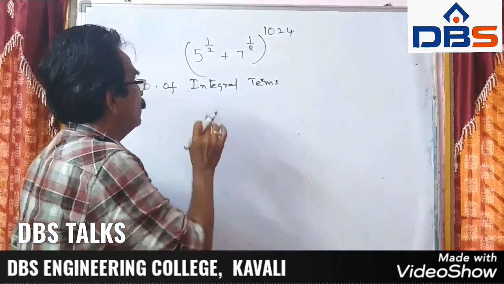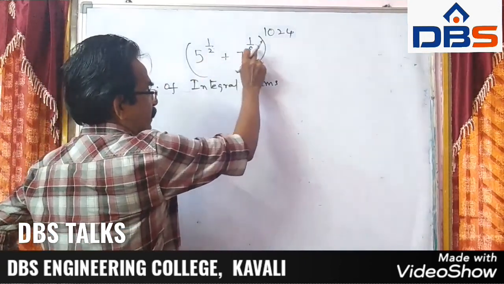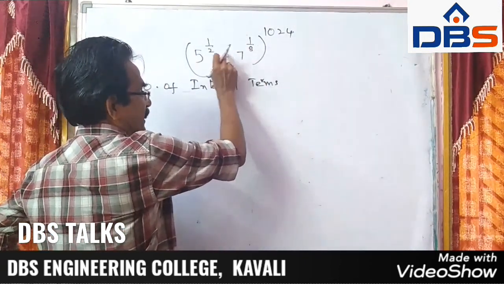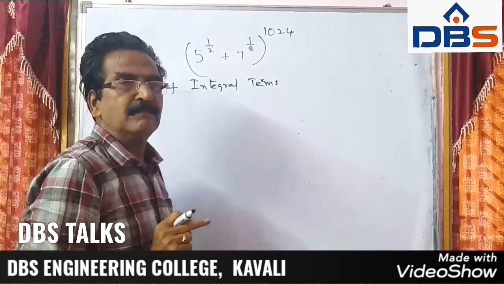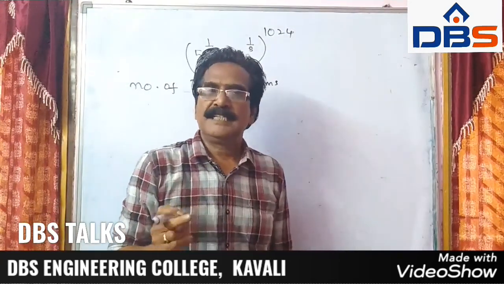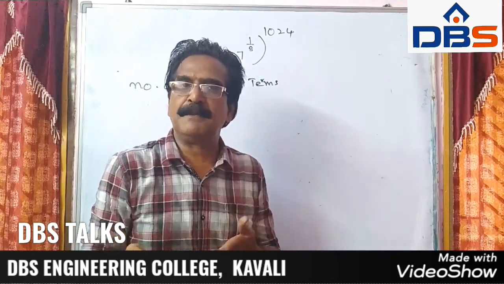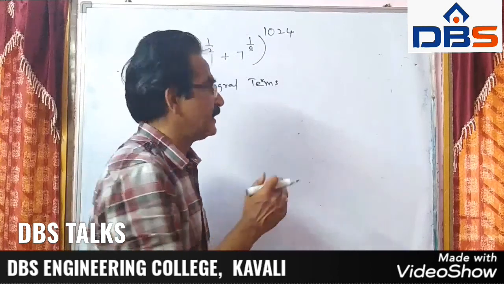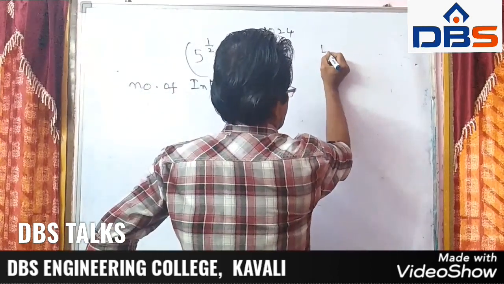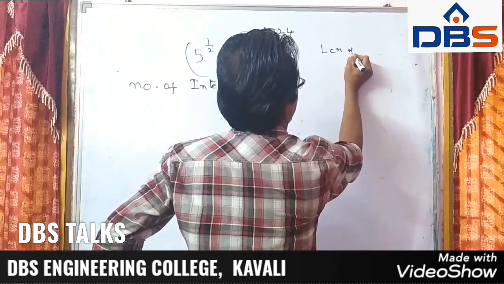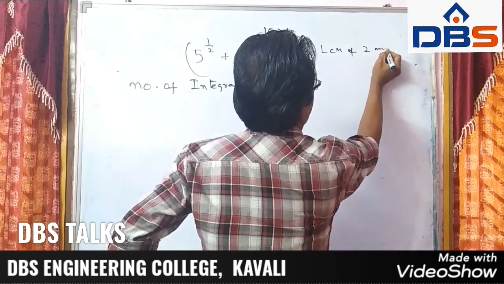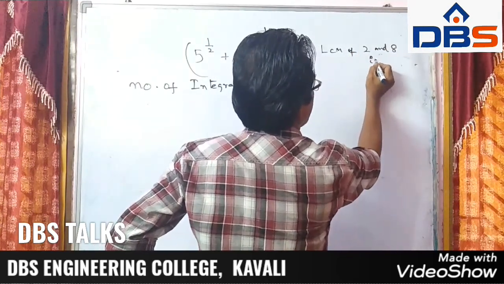Next is the LCM of 2 and 8. What is the LCM of 2 and 8? The smallest number divisible by both 2 and 8 is 8. So the LCM of 2 and 8 is 8.